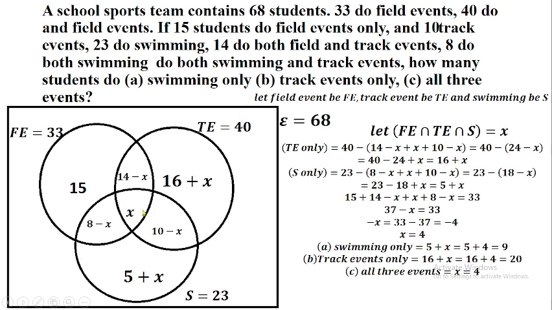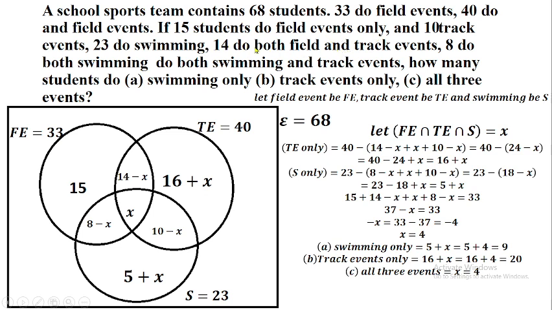So if you know people that did all the three events to be x, then you can find people that do field events and track events. Since you have been told that 14 do both field and track event, they did not say that 14 do both of them only.